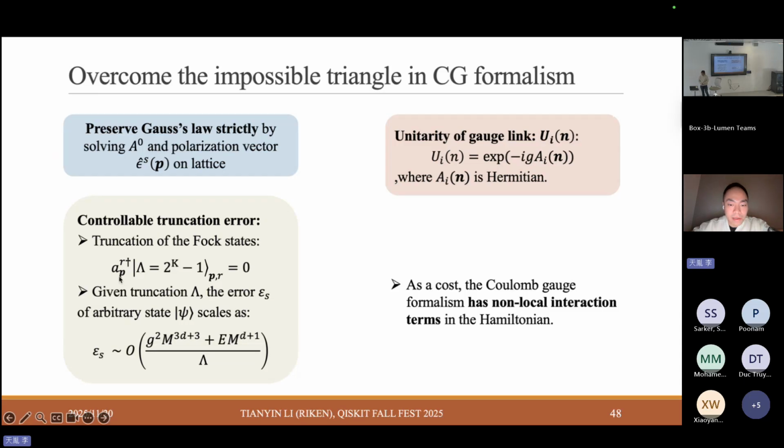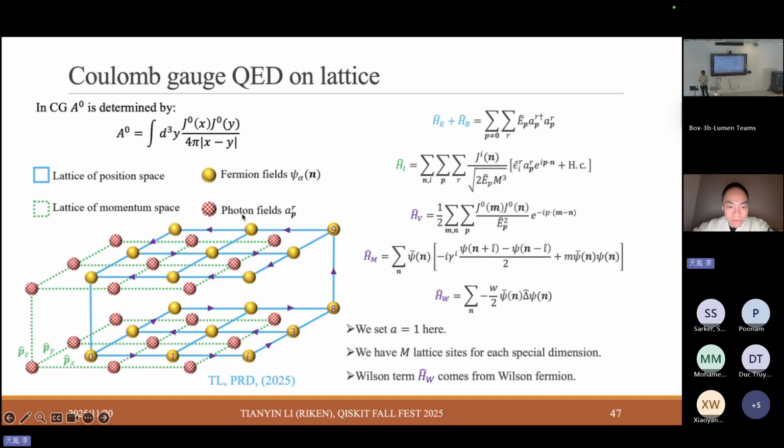Here the Fock state is just the Fock state because we put the photon fields on the lattice of momentum space. So we use a dagger to describe the photon fields instead of using the gauge potential. Here is just the creation and the annihilation operator of photon, and the P here is the momentum of the photon, and the R here is the helicity of the photon.